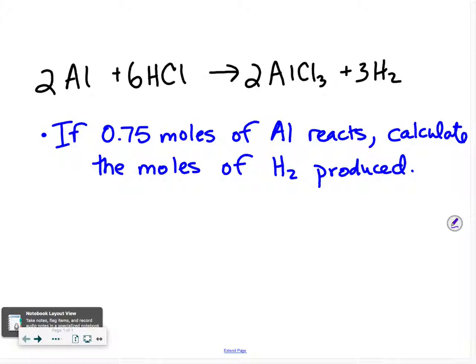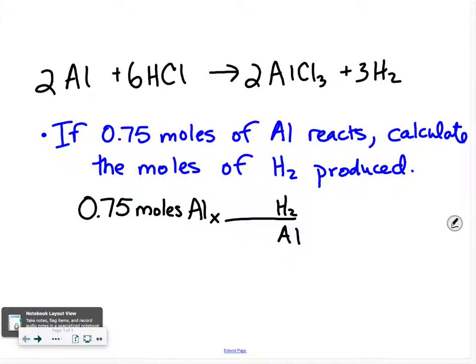So I am starting with 0.75 moles of aluminum. And I want to calculate moles of H2. So whatever I'm starting with will go on the bottom of my mole ratio, and whatever I'm trying to calculate will go on the top of my mole ratio.